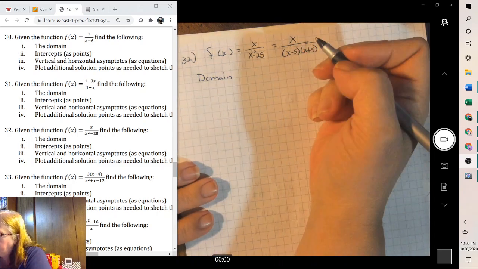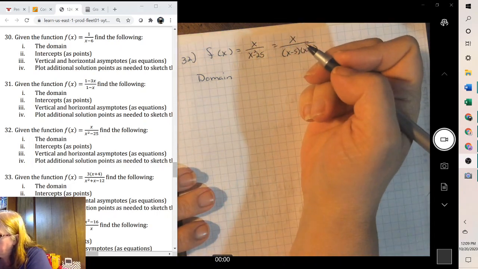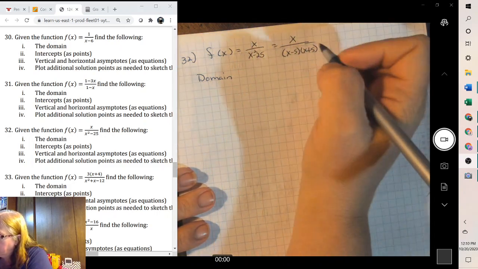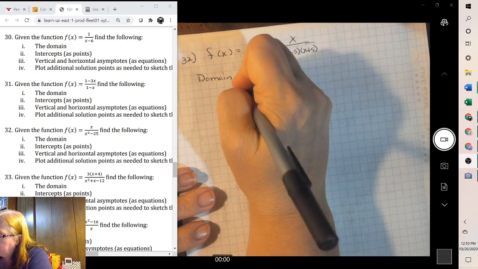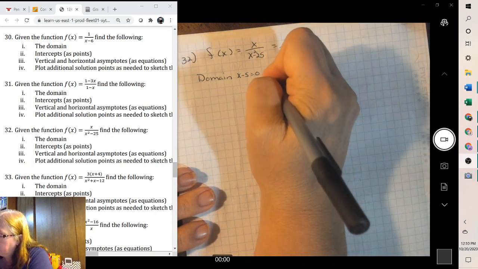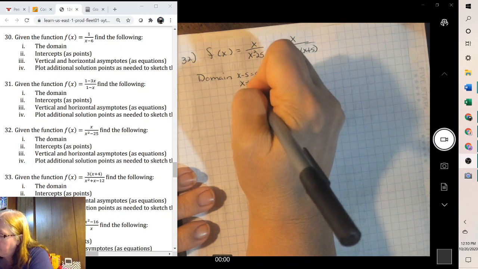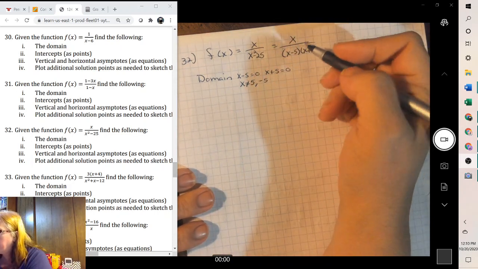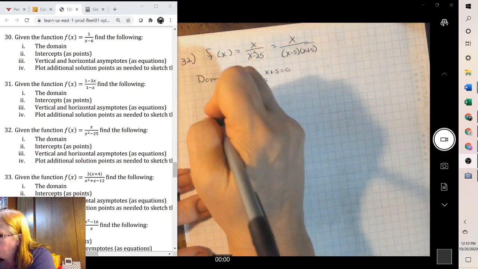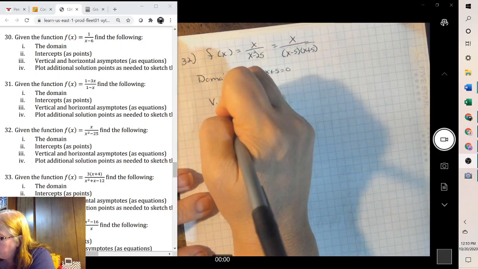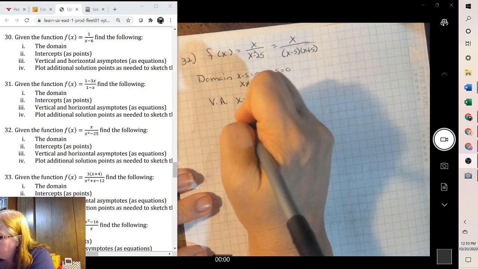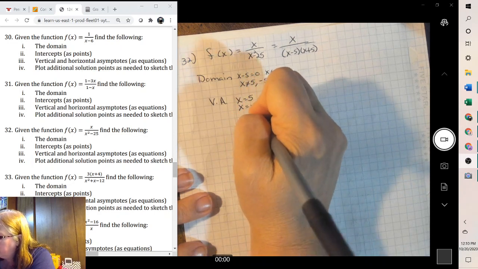I'm setting both of these equal to 0. X cannot equal 5 and -5. This will not reduce, so we have two vertical asymptotes: x equals 5 and x equals -5.